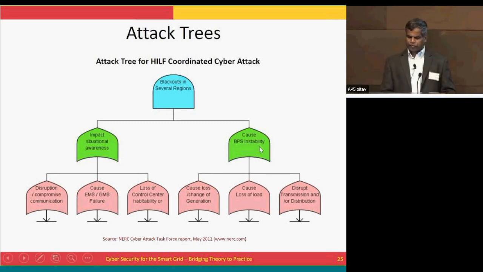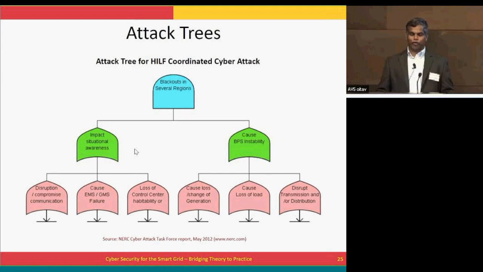On the other hand, when you look at the bulk power system, instability happens when there is either a major loss of generation, a major loss of load, or a major transmission outage. If any one of them happens, then there is instability in the bulk power system. So these are three parts of the OR group, and similarly the bottom three parts of the OR group. So you basically enumerate scenarios.